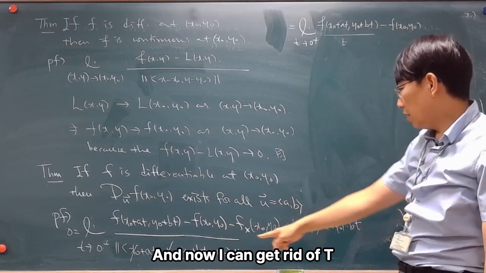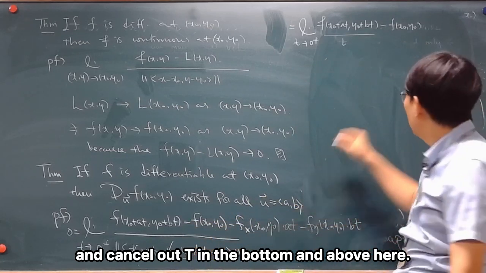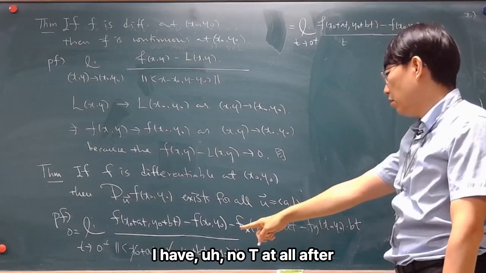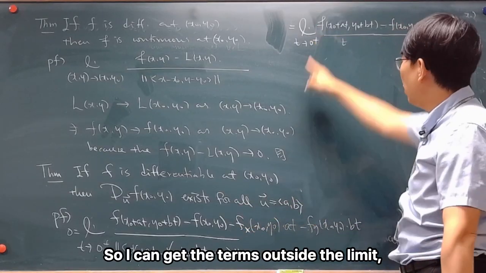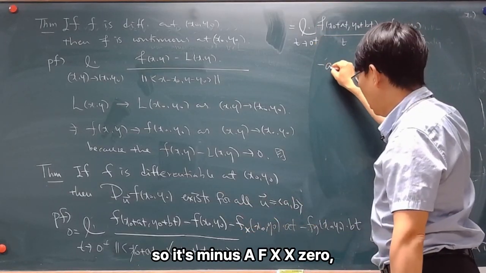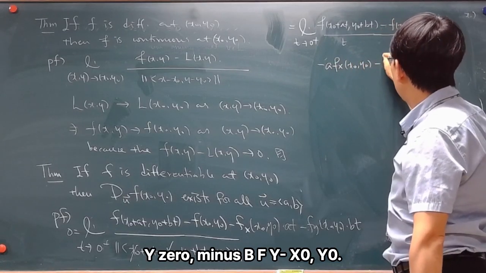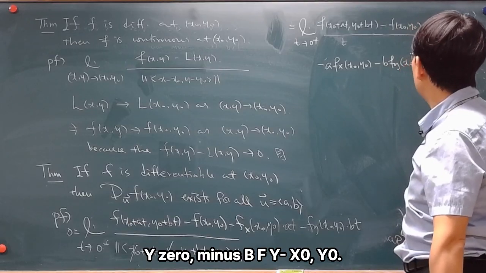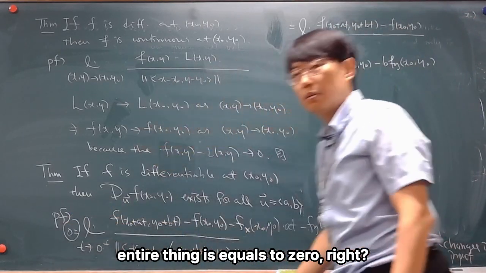Now I can cancel out t in the bottom and above here, so I have no t at all after canceling. So I can take the terms outside the limit: minus a fx(x0,y0) minus b fy(x0,y0). That entire thing is equal to 0, right?